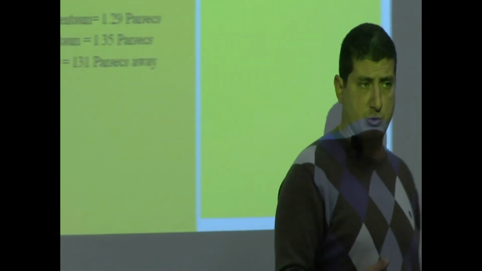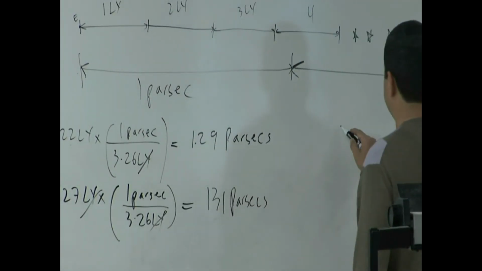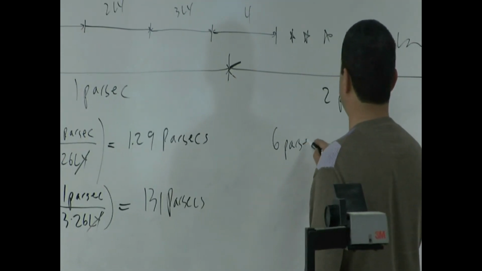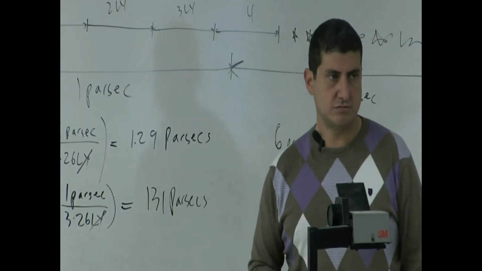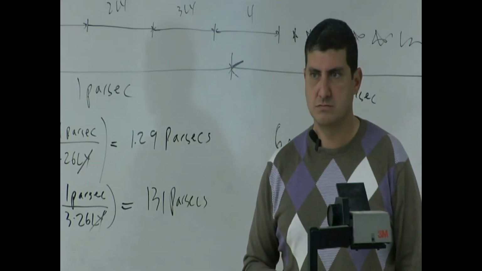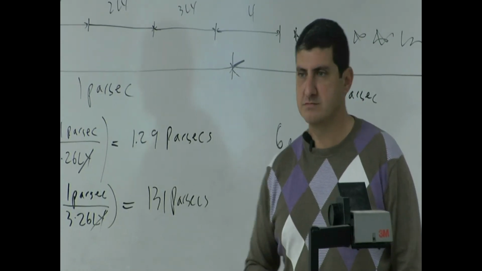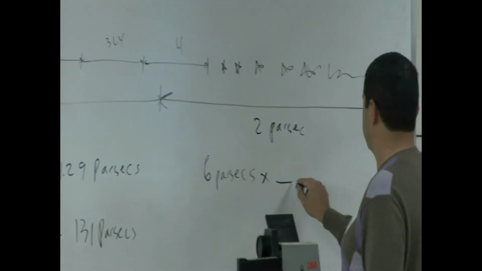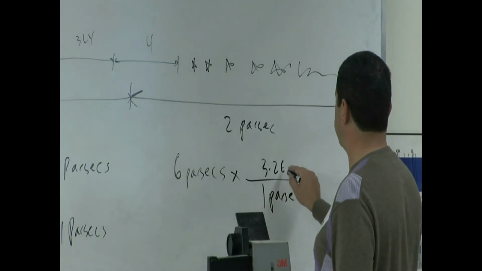How about the opposite way? How about if I told you a star is 6 parsecs away from us? How many light years is it away? Now what do I do? Divide or multiply? Yeah. 1 parsec is 3.26 light years.